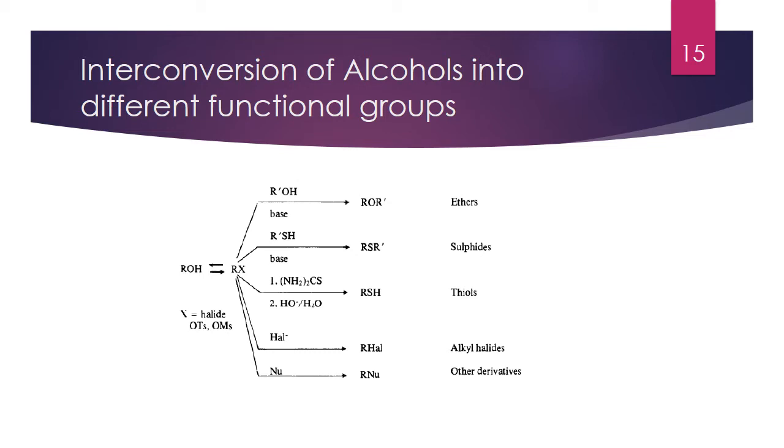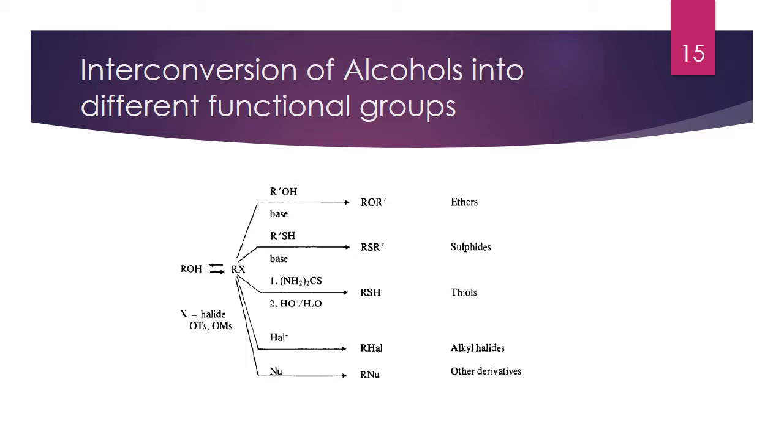Alkyl halides upon reaction with alcohols in presence of base can form ether. Alkyl halides upon reaction with thiols can form thioether. Alkyl halides upon reaction with thiourea or, okay, there's a problem in this. We have used SH negatively charged, so this is not OH negative, this is SH negative in presence of water.